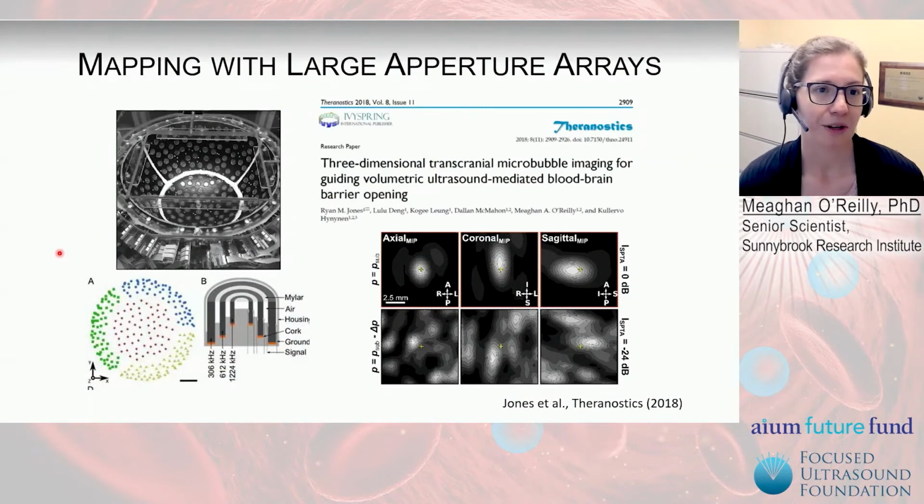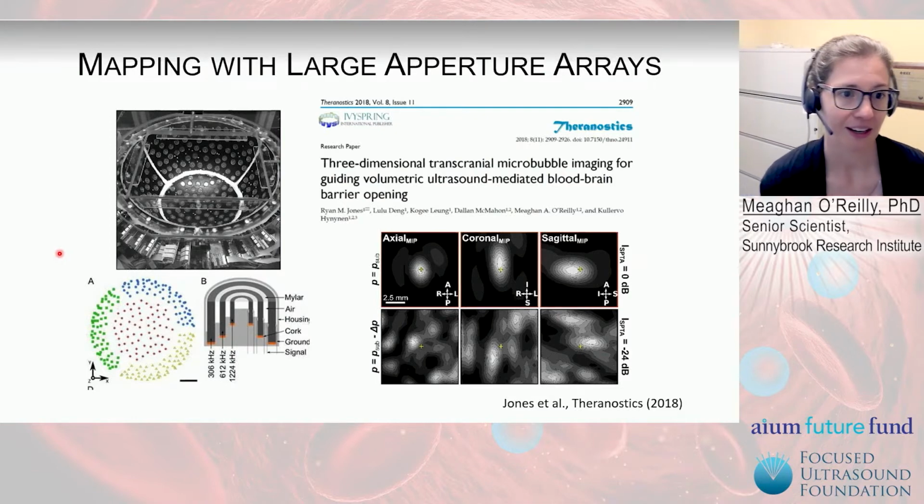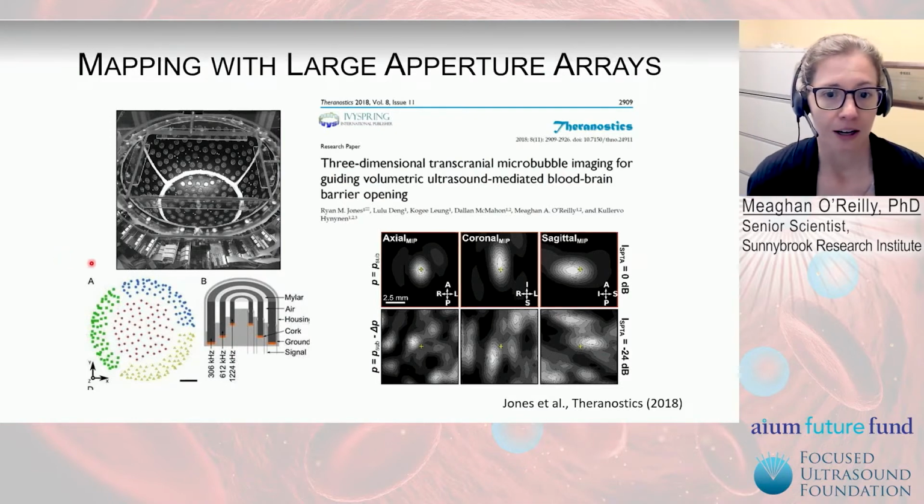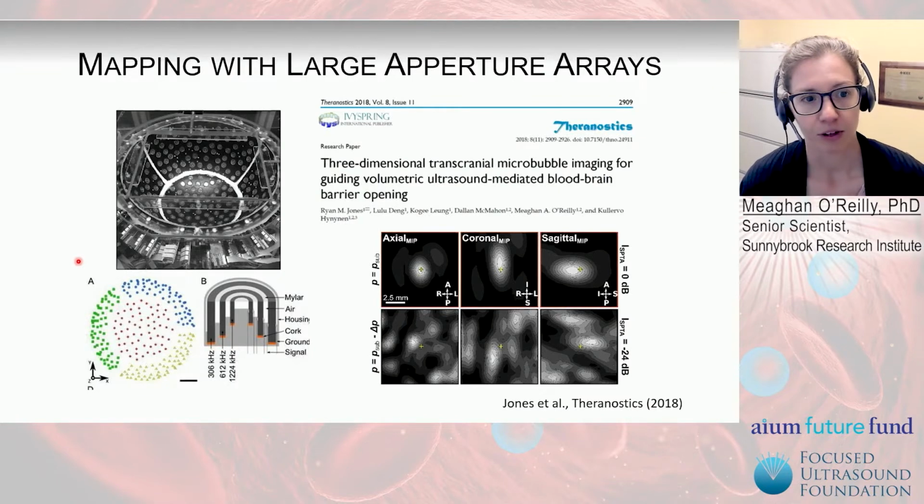If we want to go again increasing complexity, we could move to these large aperture 2-dimensional arrays that enable 3-dimensional imaging. These are typically custom built by the individual labs. We at Sunnybrook have been working for a number of years and have iterated through many prototypes of these.